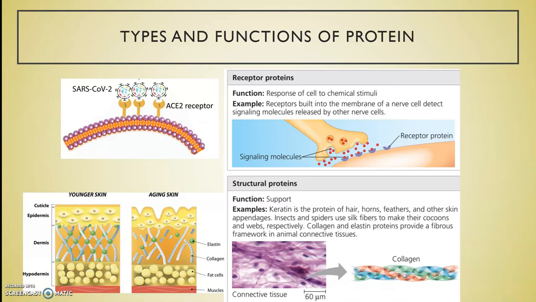Your horns, wala namang kayong horns, maybe horns ng kalabaw, horns ng rhinoceros, ng elephant, feathers ng mga ibon, and other skin appendages, pati mga kuko natin. So those contain protein, and this type of protein is keratin. Right? And insects, spiders, yung sapot ng gagamba.